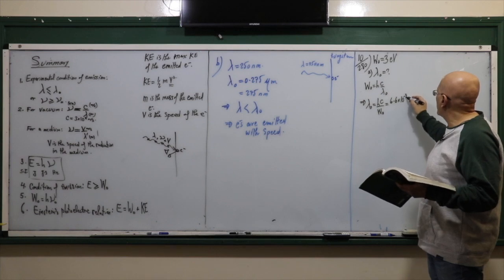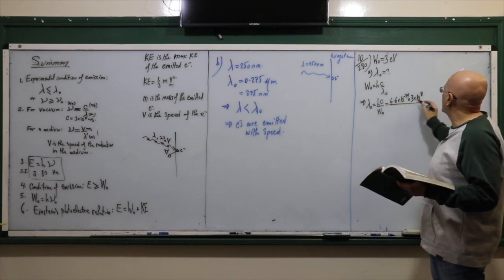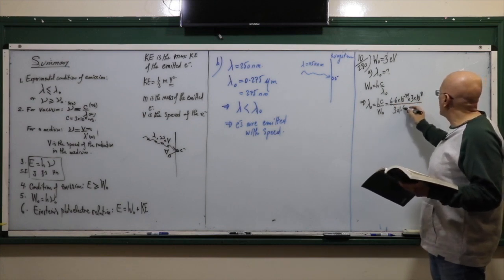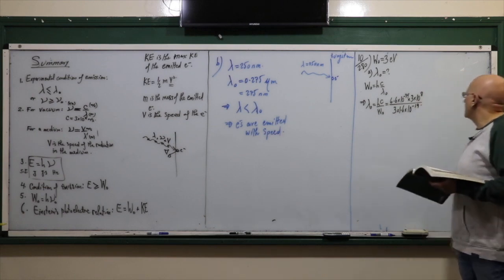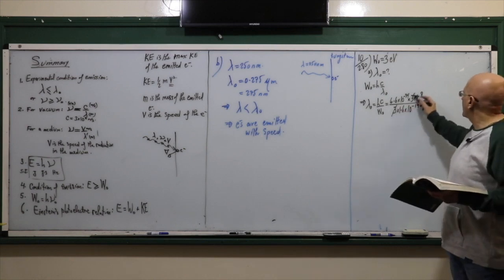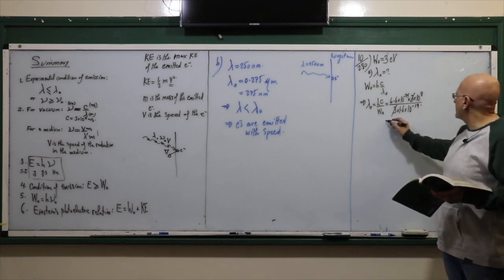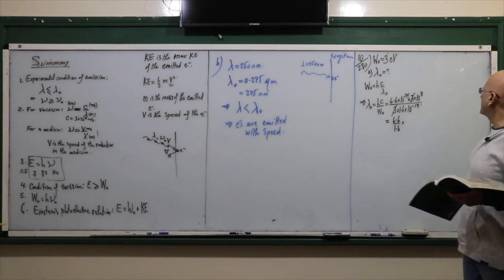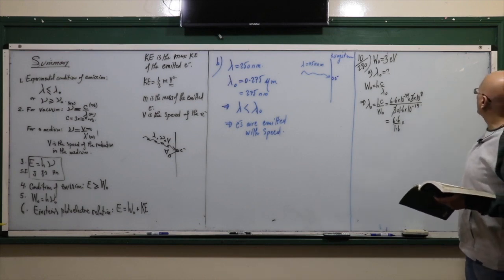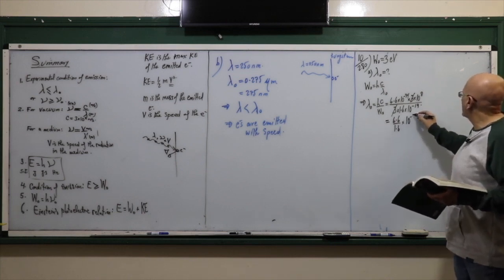6.6 times 10 power minus 34 times 3 times 10 power 8, over 3 times 1.6 times 10 power minus 19. The 3 cancels with the 3. You get 6.6 over 1.6 times 10 power minus 7 meter.